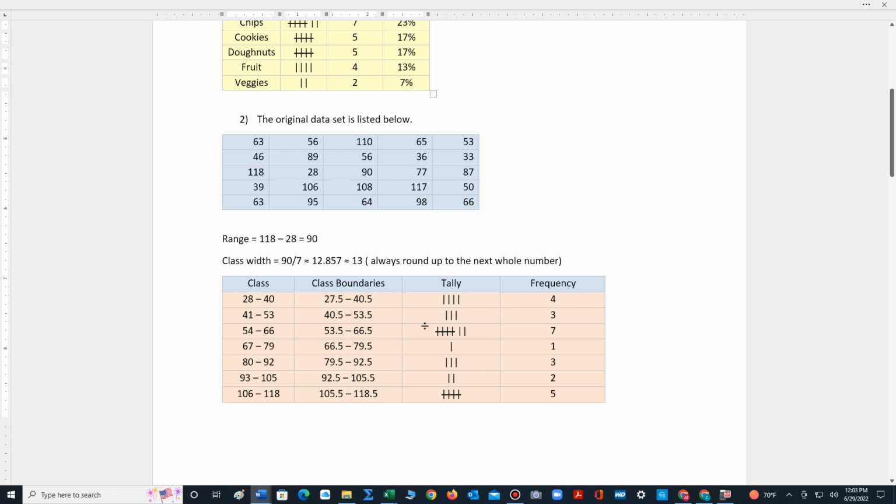And then just repeat that process for all the other data values. And once we have all our tally marks finalized, we just count them for the frequency. So we have 4, 3, 7, 1, 3, 2, and 5.